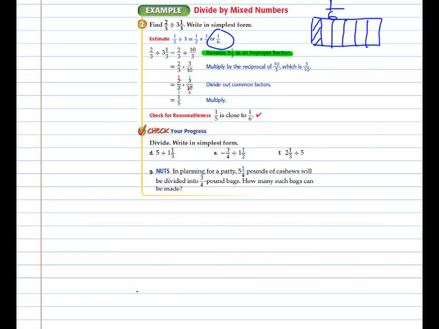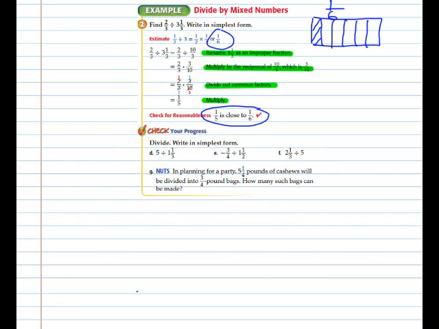Becomes 10 over 3. I then multiply by the reciprocal of 10 over 3, which is 3 over 10. I divide out the common factors. 2 and 10 have the common factor of 2. I then multiply numerator times numerator, denominator times denominator, and I get 1/5, which is clearly in agreement with my estimate.